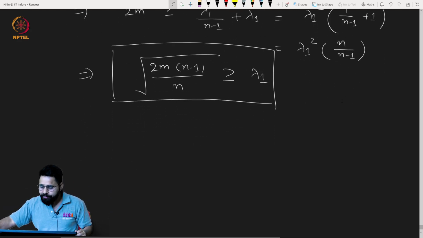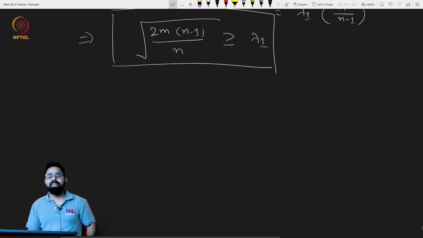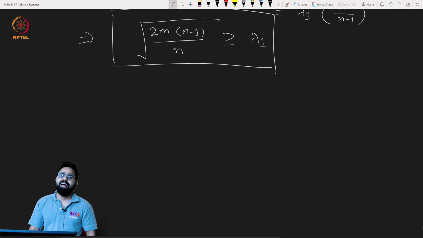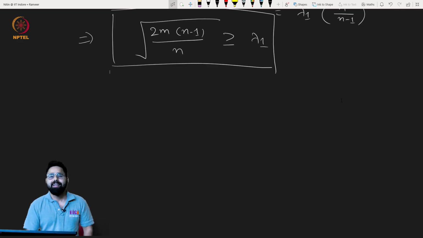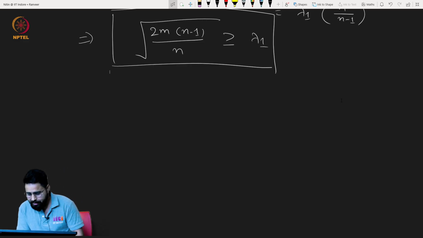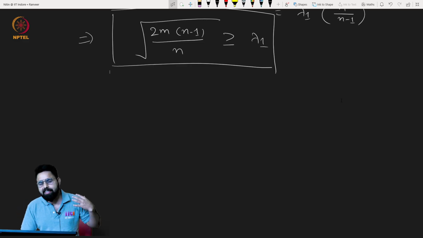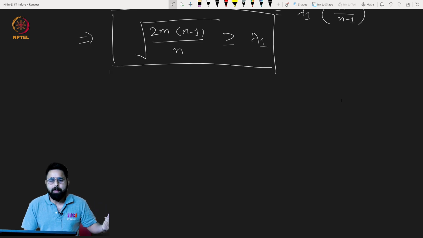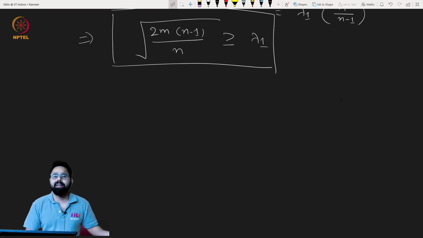Okay, now let us move to something more interesting, and this tells you about more nature of the largest eigenvalue and largest eigenvector. And this is actually a consequence of the very famous Perron-Frobenius theorem on non-negative matrices.